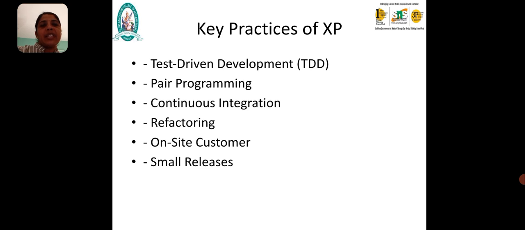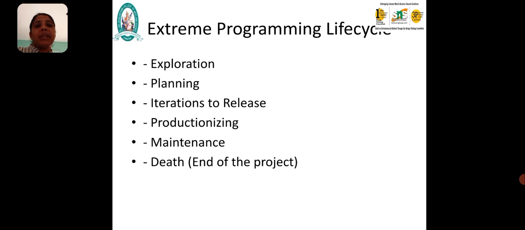Key practices of XP: test-driven development, paired programming, continuous integration, refactoring, on-site customers, and small releases. These are some of the practices they follow in programming. The extreme programming lifecycle: exploration, planning, iterations to release, productionization, maintenance, and death, which means the end of the product.